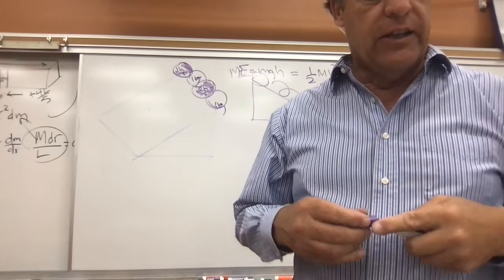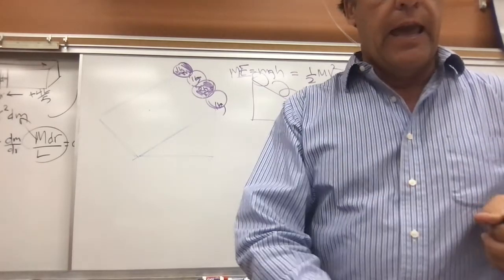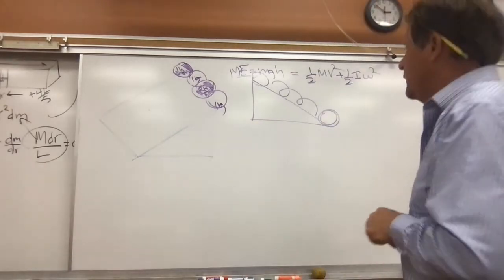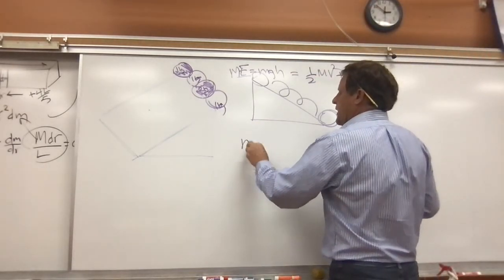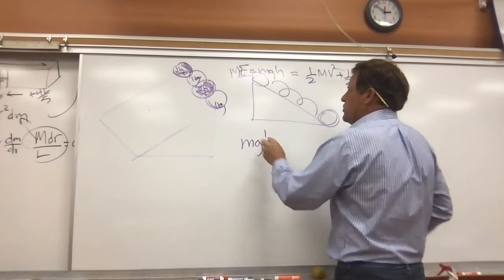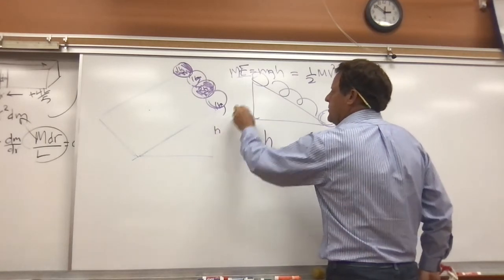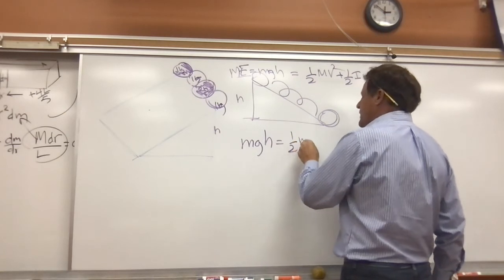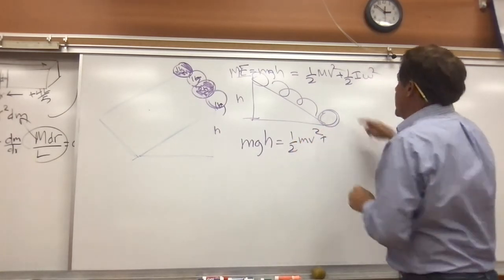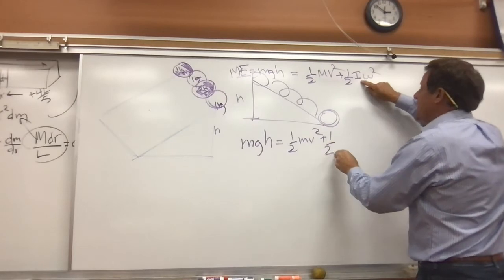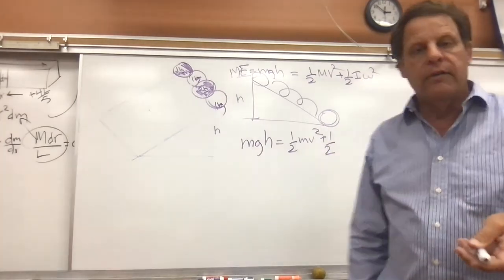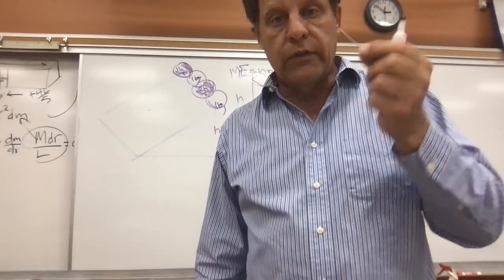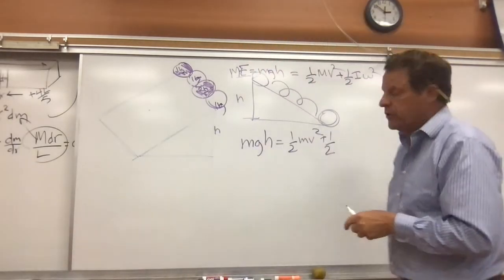We're going to start with A, which is the 1 kilogram solid sphere. So we have mgh equal to 1/2 mv squared plus 1/2 I omega squared. Now the I of a solid sphere is 2/5 mr squared. That's page 278 of your textbook.